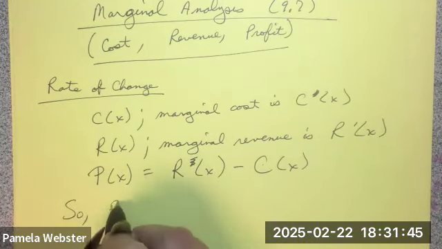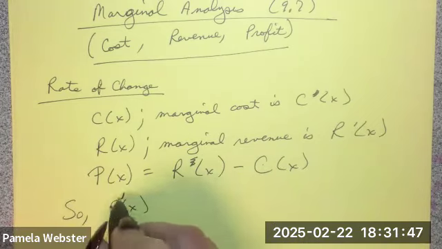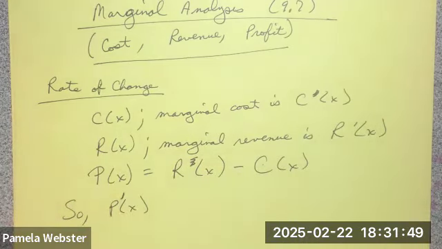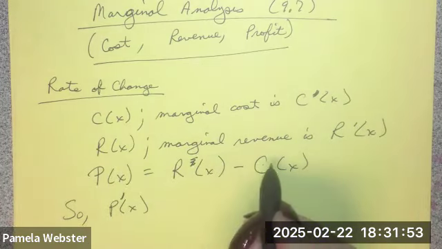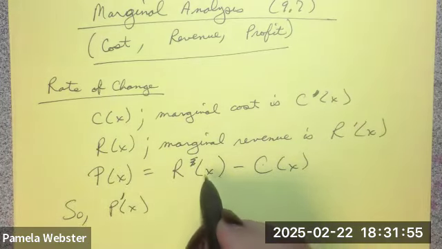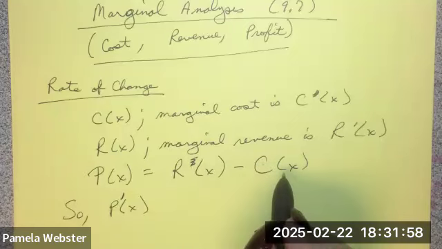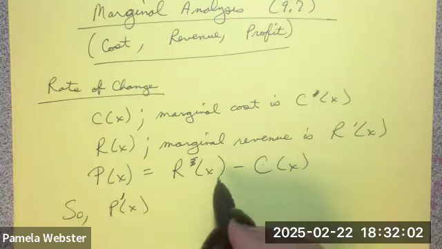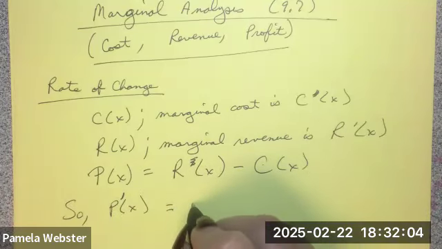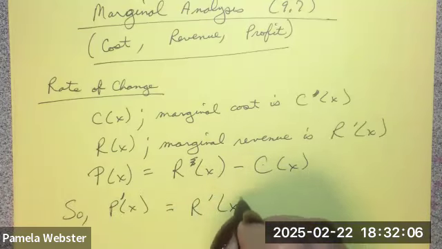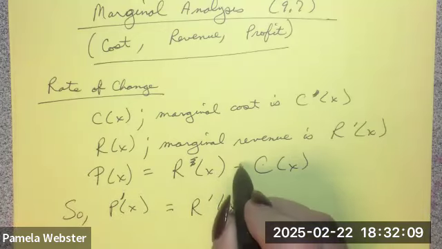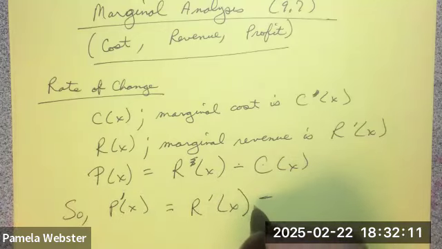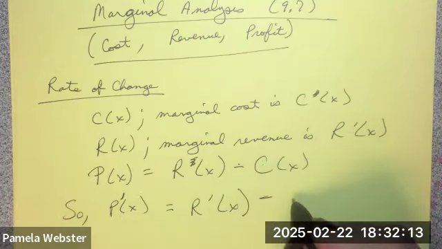So if you wanted the derivative, the marginal profit function, then we know from our rules last time that because I have a sum or difference of two functions going on here, these polynomial functions, I can just take the derivative of the first one, minus, because there's a minus in the formula up here, the derivative of the second one.